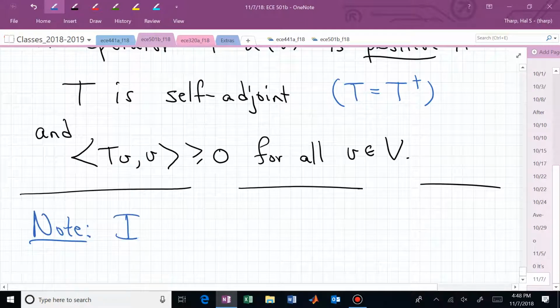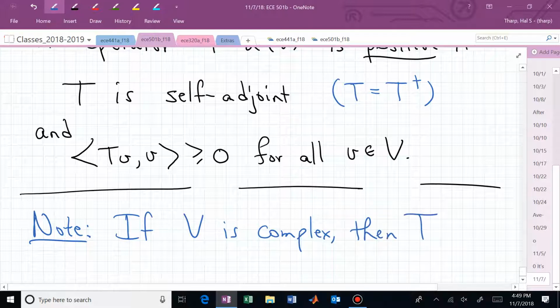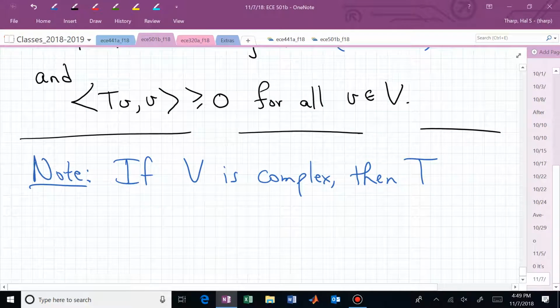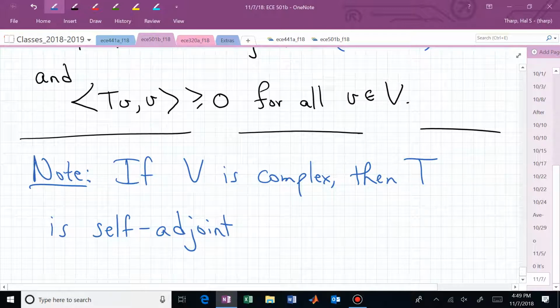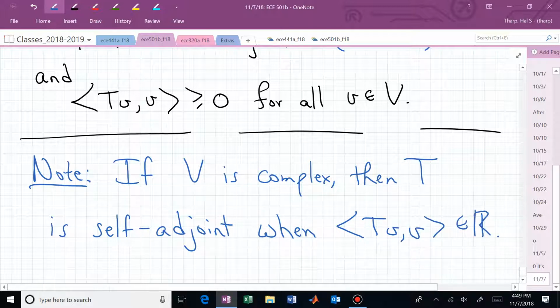Note, if our vector space V is complex, then this linear operator T is self-adjoint when this inner product of TV with V is in fact real.